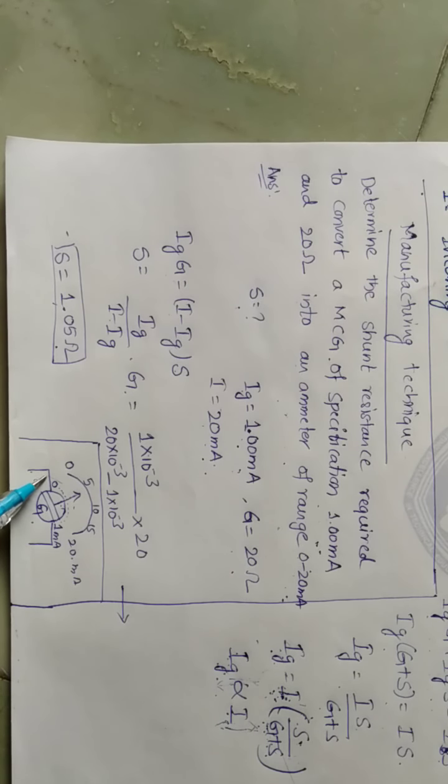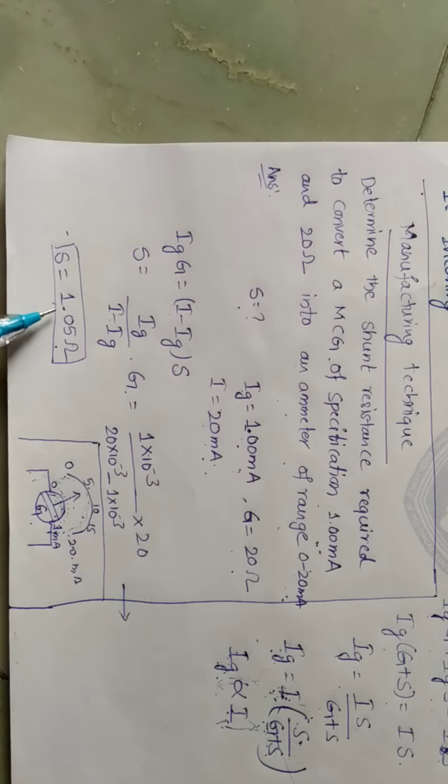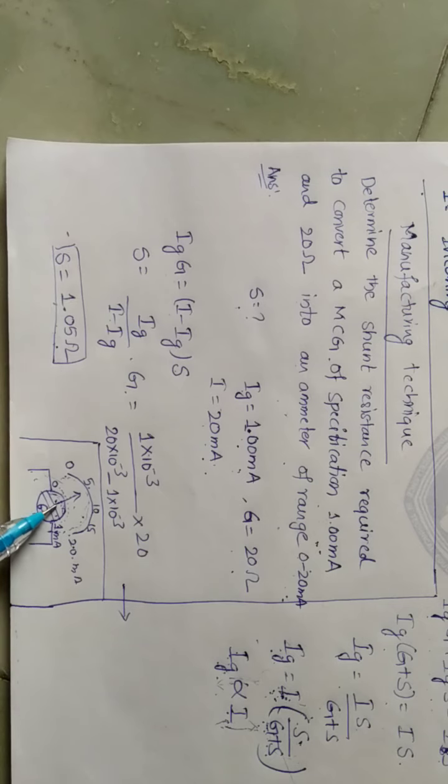This is our galvanometer. Its pointer's maximum deflection occurs at 1 milliampere only. On the gradation scale provided by the manufacturer, the scale is divided into 0, 5, 10, 15, 20 milliamperes. By connecting this shunt resistor in parallel, the galvanometer is converted into a 20 milliampere ammeter.